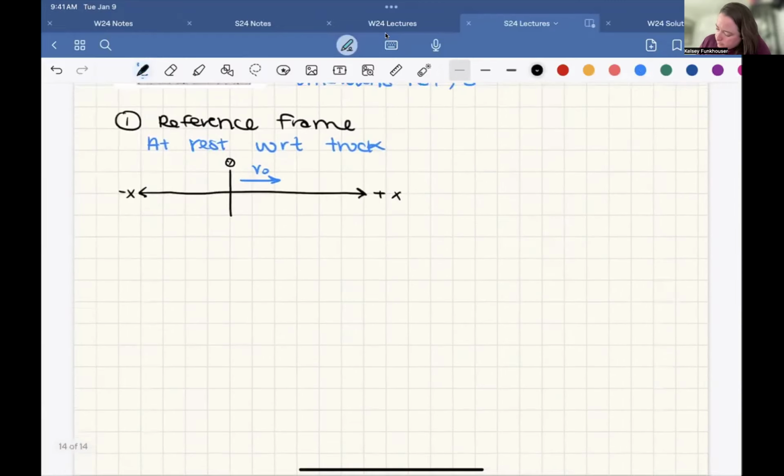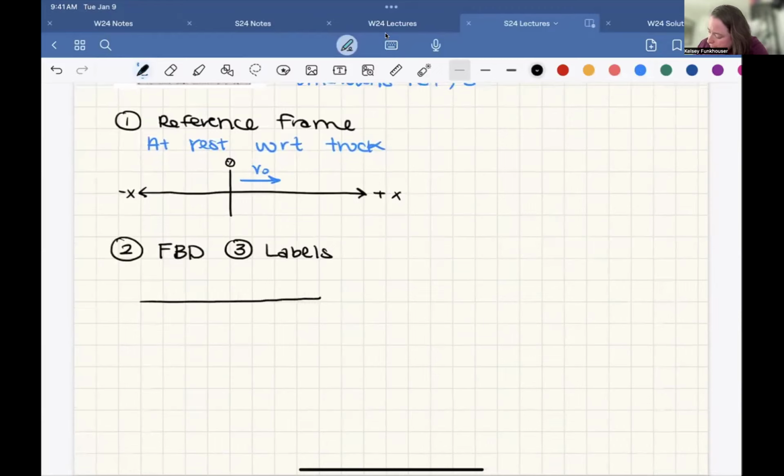Next up, we have our free body diagram, which can be written like this, FBD, just so that I don't have to write out 3 full words. I'm also going to do the third step here too, which is labeling. So for our free body diagram, we will again draw a coordinate axis, positive x, negative x, and then let's think about this.